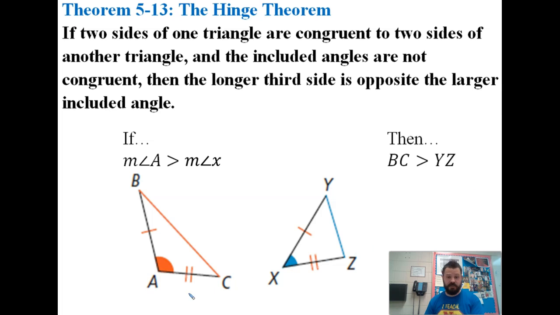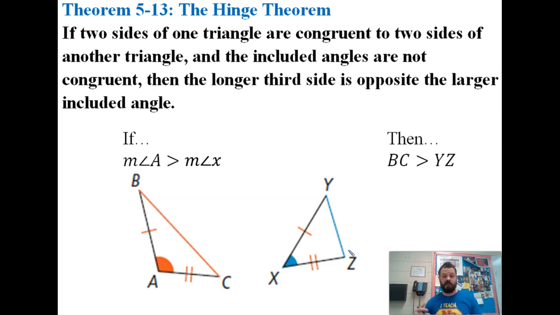So if I have two triangles that both have two sides congruent, here we have BA congruent to YX, and AC congruent to XZ, and the angle between those two sides is not congruent. In this case angle A is greater than angle X, so what I know is that the bigger angle is going to be across from the bigger third side, and the smaller angle will be across from the smaller third side. In this case BC is greater than YZ.